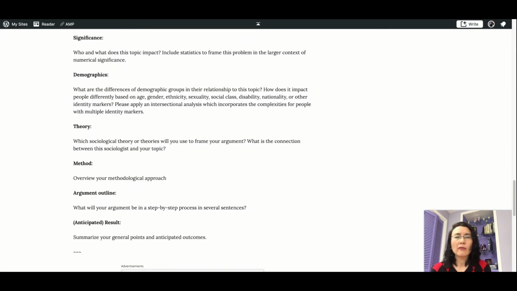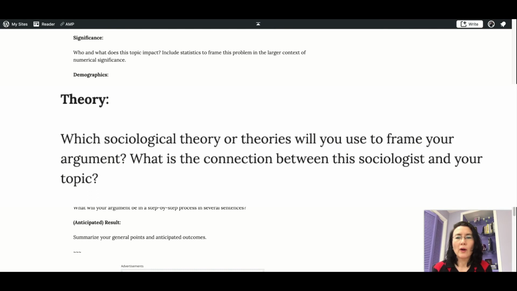You'll also need a frame theory to organize your project. So think about 1, 2, or 3 specific sociological authors whose particular theory you're really going to incorporate. Mention the author, mention the book, talk about how you're going to use this particular sociological author and theory to frame your argument in your project.